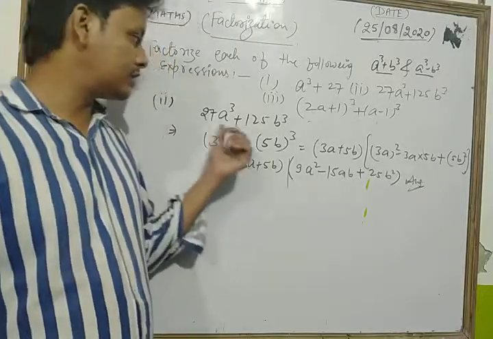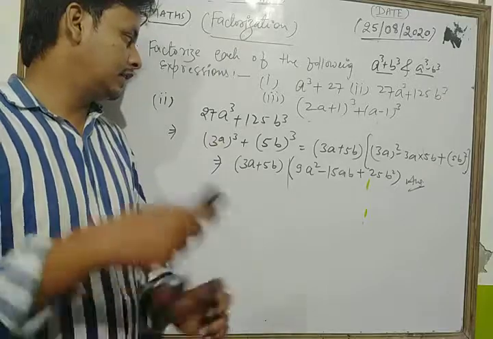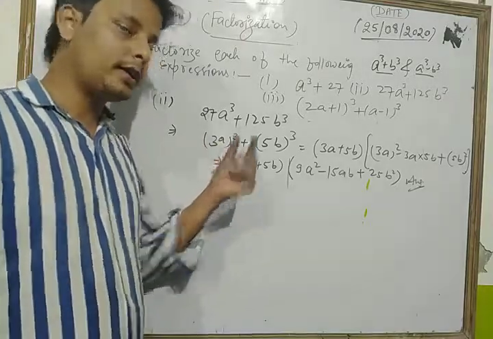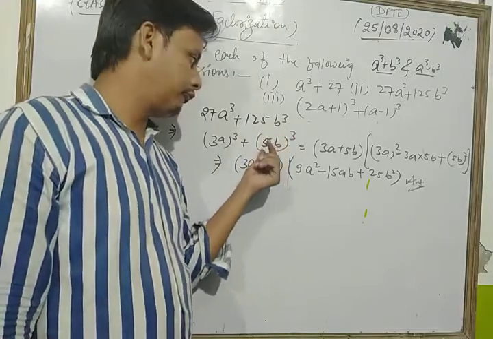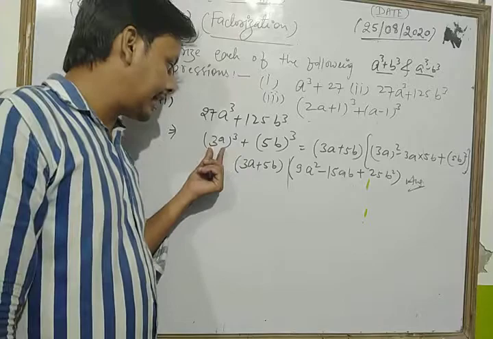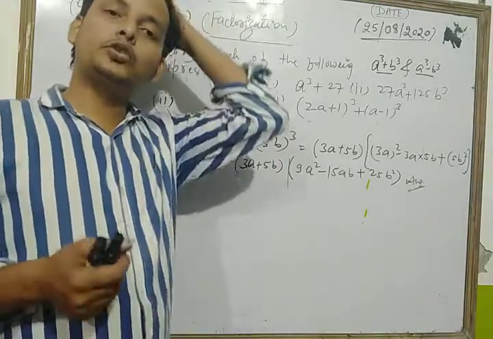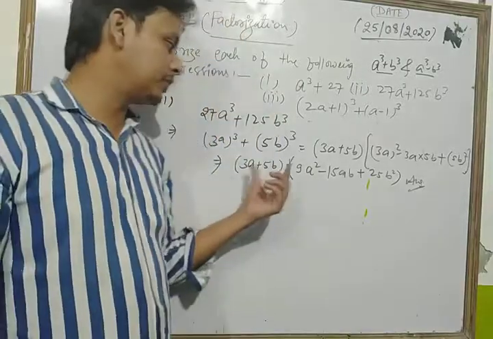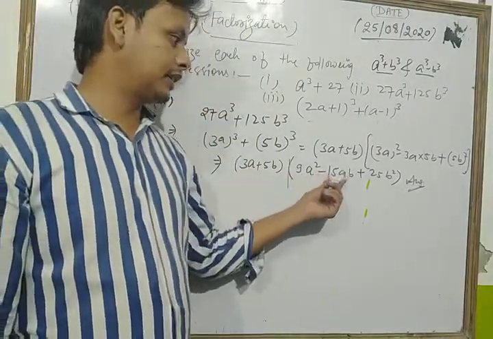So dear students, this is the solution of the given question. Let's see once more. First we write 27a cube as (3a) whole cube, and we write 125b cube as (5b) whole cube. Now we apply the identity a cube plus b cube, which is (a plus b) in one bracket, and in another bracket a square minus ab plus b square.